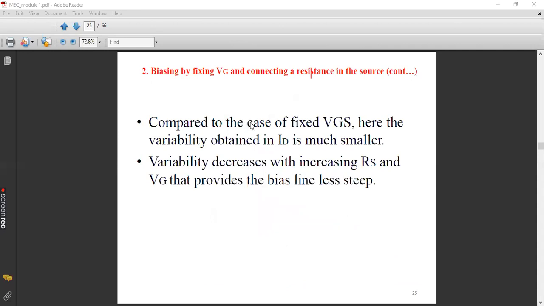The comparison with your previous case. The first case was fixing VGS. The second case was fixing VG along with an external resistance RS. So you just compare to the case of fixed VGS. That is your conventional case or the most straightforward approach, isn't it? In that case, we were not using any source resistance.